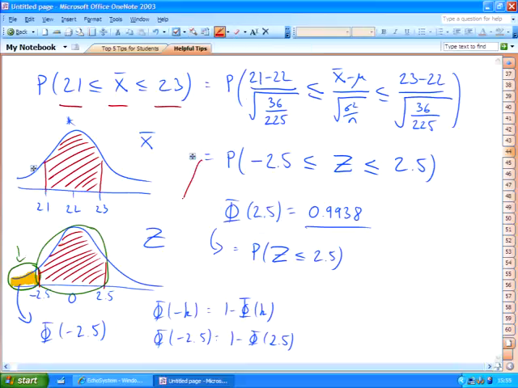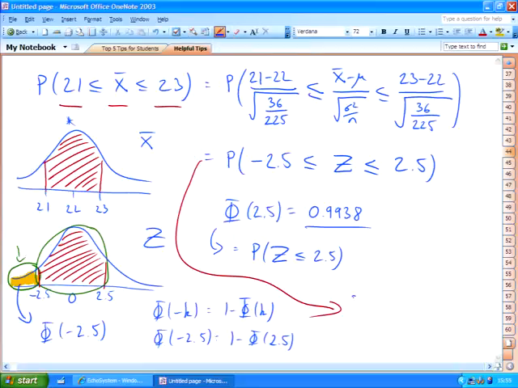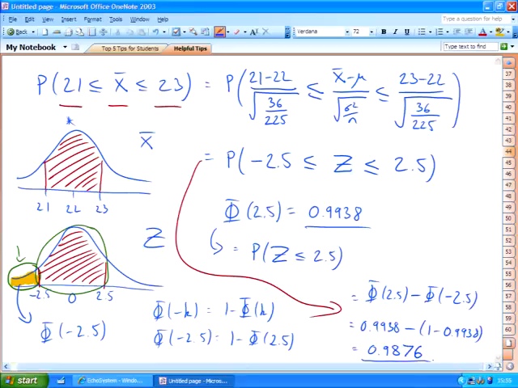So the probability that Z is between minus 2.5 and plus 2.5 is equal to the phi of plus 2.5 minus the phi of minus 2.5, which is equal to 0.9938 minus (1 minus 0.9938), and work all that out. You should get a final answer of 0.9876. Okay, so this is our final solution.